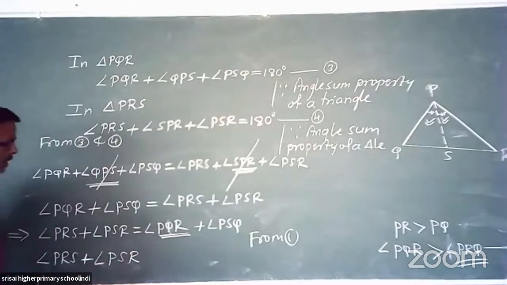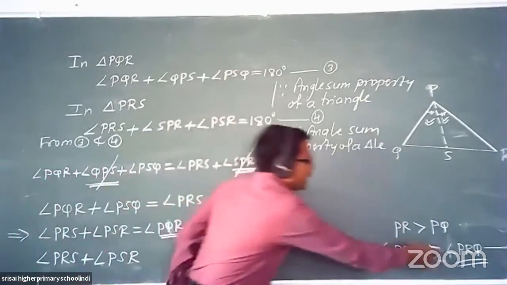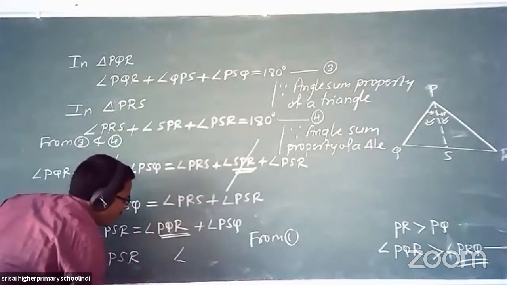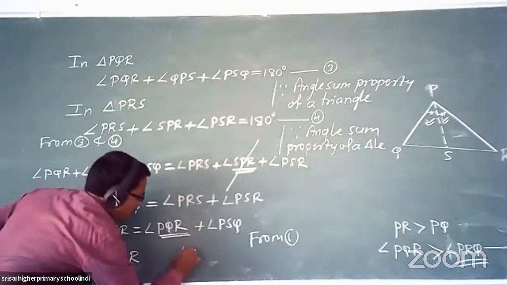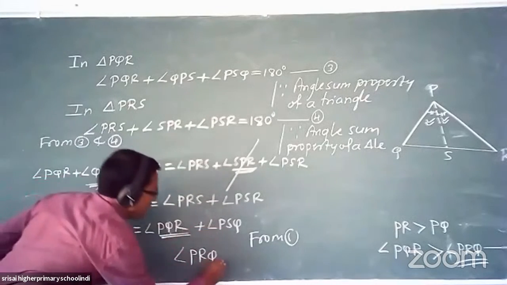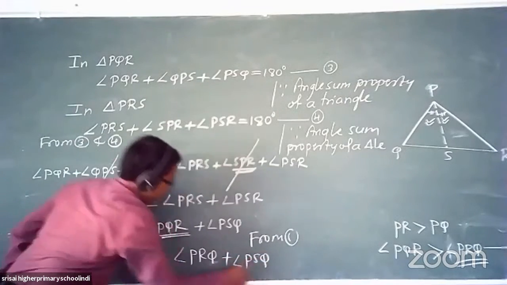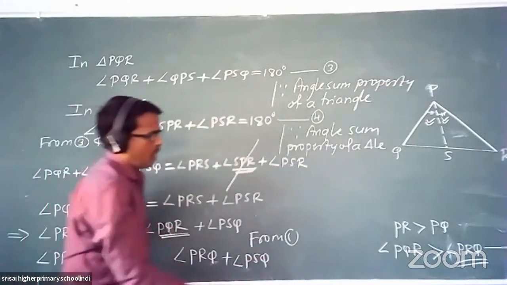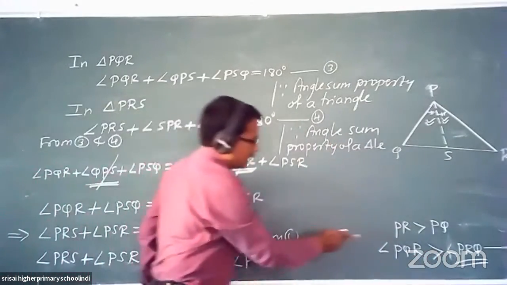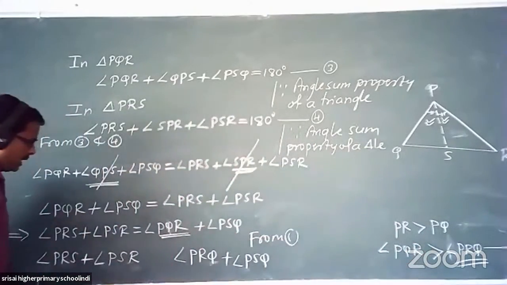In the place of PQR, I am going to write angle PRQ. This is the same angle PSQ. In place of PQR, I have written PRQ. What is the meaning?